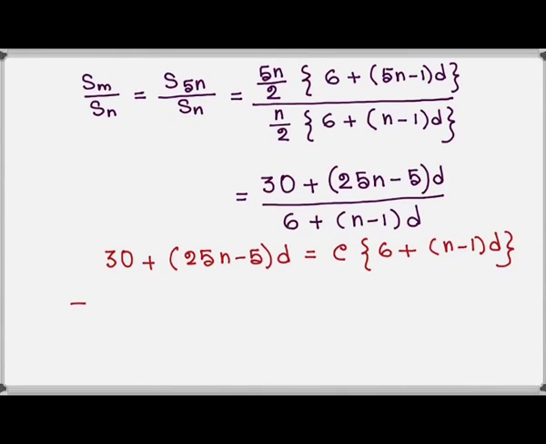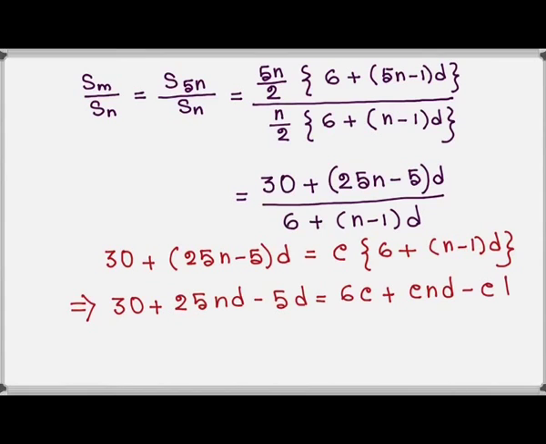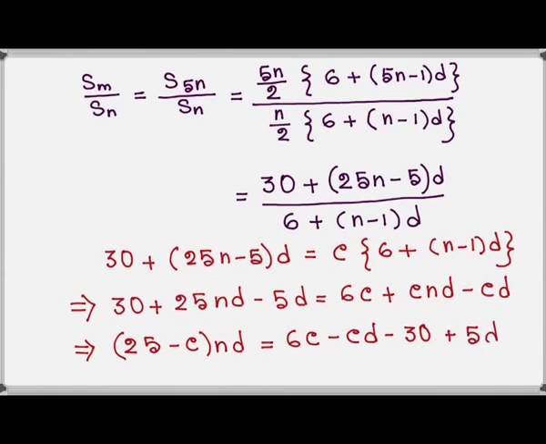Now from this equation we get 30 plus 25nD minus 5D is equal to 6C plus CnD minus CD. So 25 minus C into nD is equal to 6C minus CD minus 30 plus 5D.